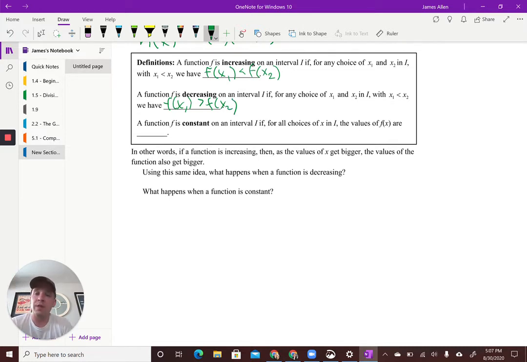So as we go from left to right, from smaller values to larger values, now our function values are getting smaller. So as you move to the right, the value is less. So it is decreasing. A function f is constant on the interval I if, for all choices x in I, the values of f of x are staying the same, right? Are equal.